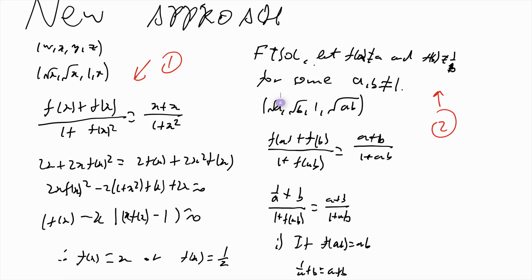So the opposite of that is f of A not equal to A and f of B not equal to 1 over B. So this is not true.